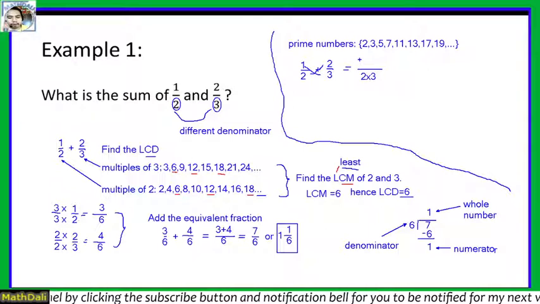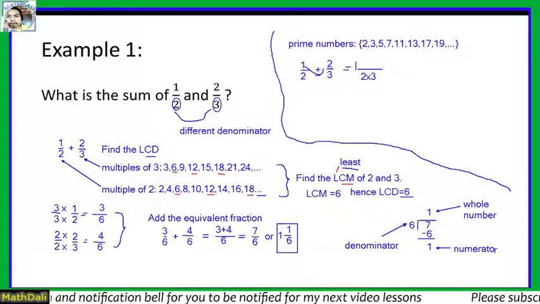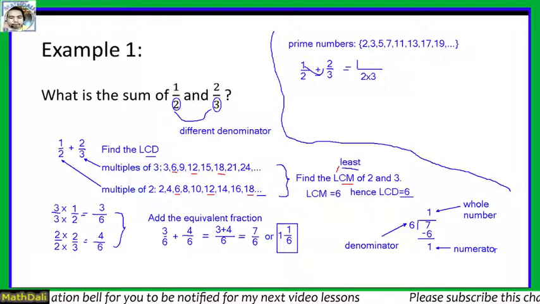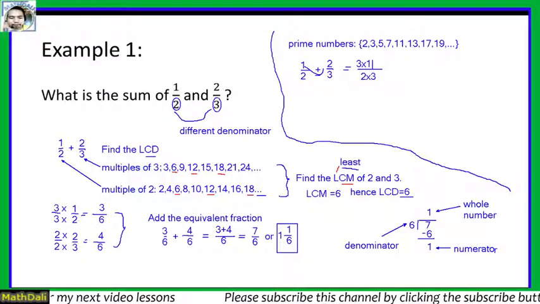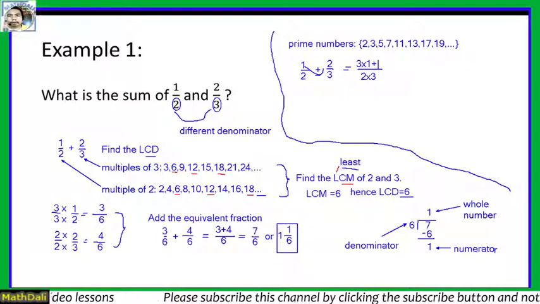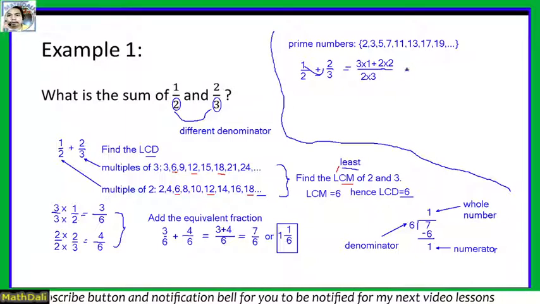So lagay natin dito yung solution natin. So that is 3 times 1 plus, ito naman, 2 multiplied by 2. Cross product lang. That is 2 times 2. Pwede na ninyong i-shortcut yan.